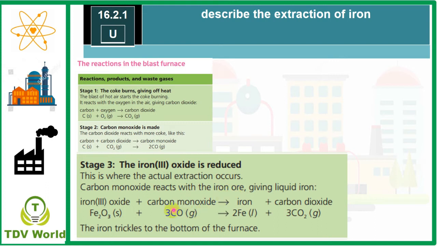So carbon monoxide is going to react with hematite, and the formula of hematite is Fe2O3. Once they react, you get liquid iron and carbon dioxide as products. The iron trickles to the bottom of the furnace. So the iron will go down to the bottom of the furnace and settle down.